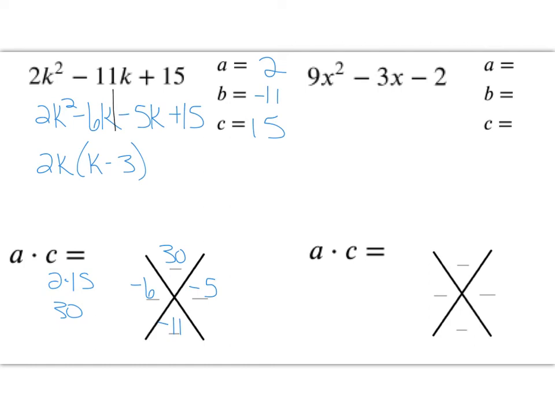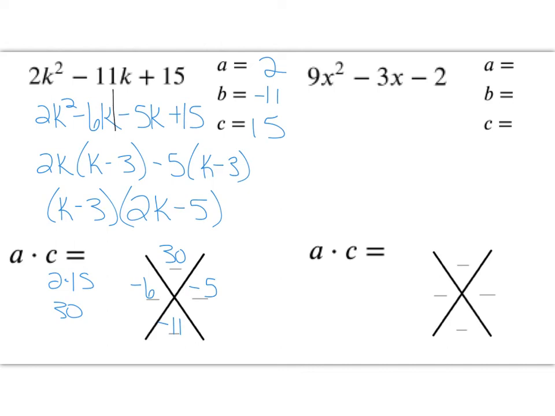Negative 5k plus 15, since that third term is negative, I'm going to factor out a negative 5, and I'm left with k minus 3. Now, k minus 3 is common to both. When I factor it out, I am left with 2k minus 5. So 2k squared minus 11k plus 15 factors to k minus 3 times 2k minus 5.